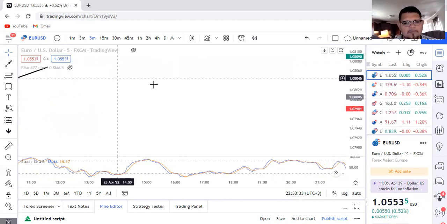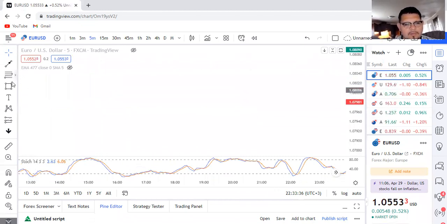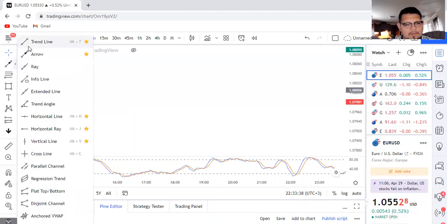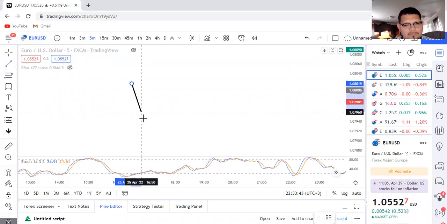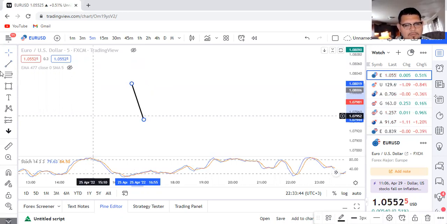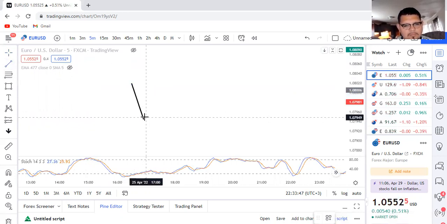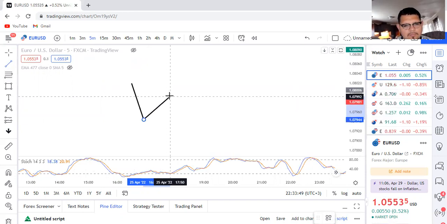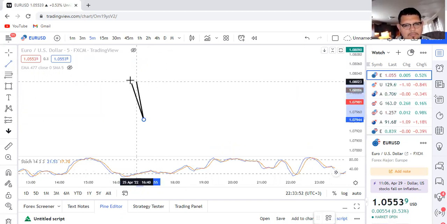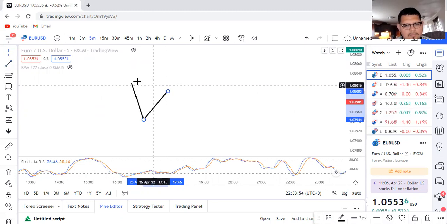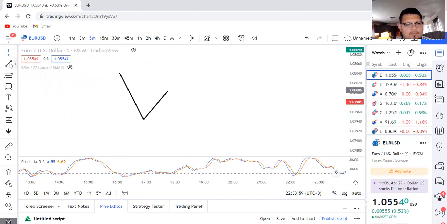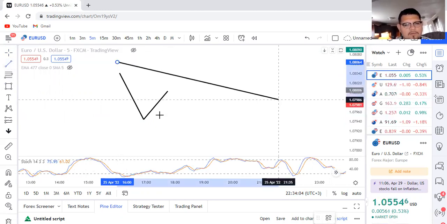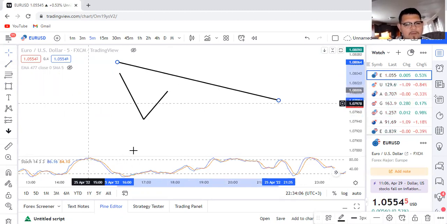All right, so now with the example of a sell, we're gonna catch the lows. Based on the 477 moving average, this trend line is gonna act like a 477 moving average.